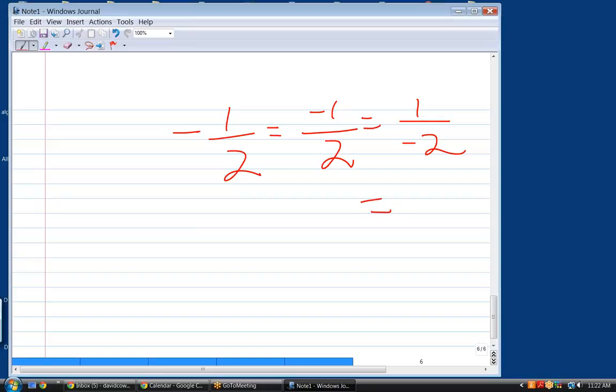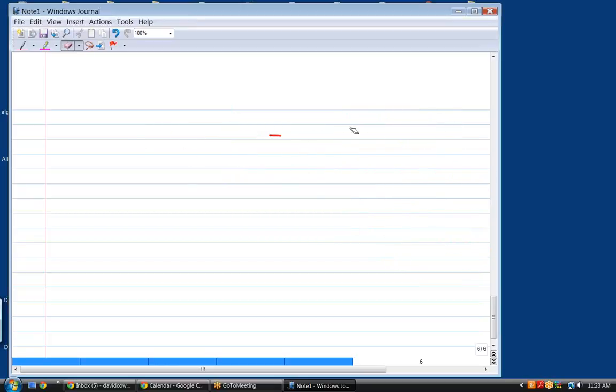What's important is it's not this, because this would be a positive 1/2. Similar with variables. That is the same as that. Okay? All right.